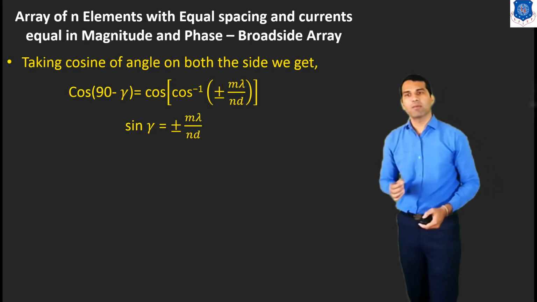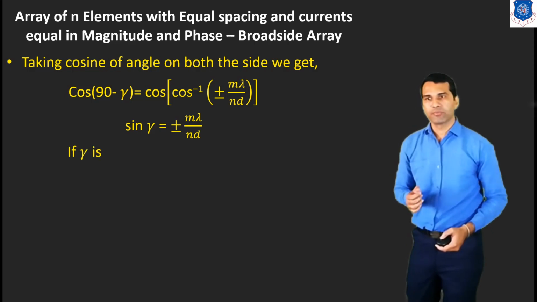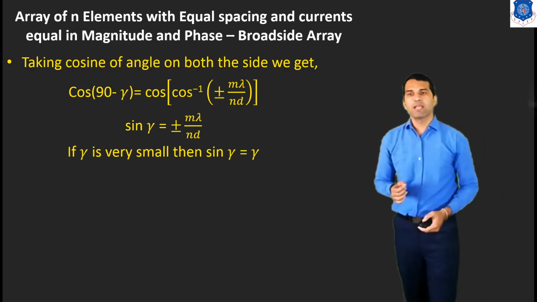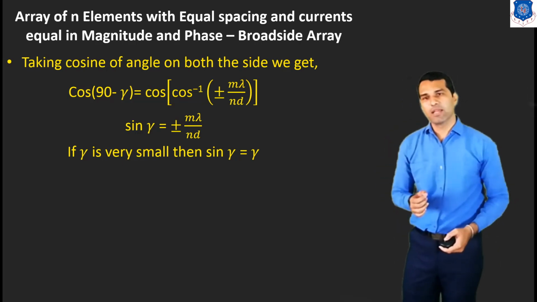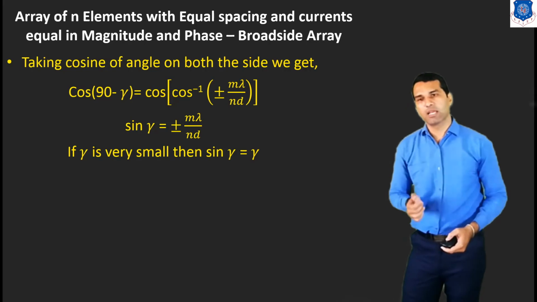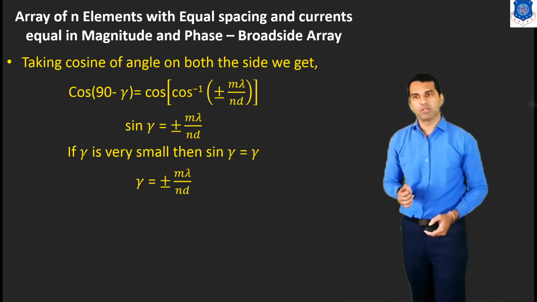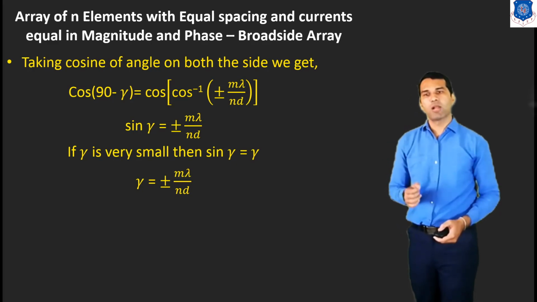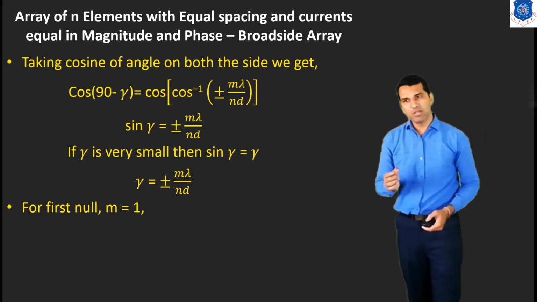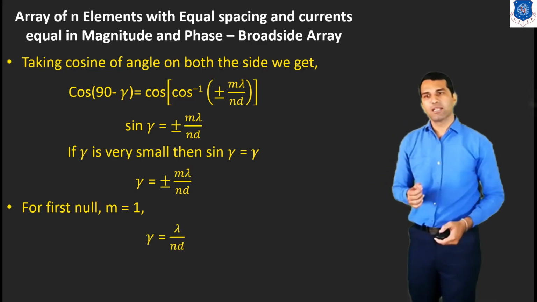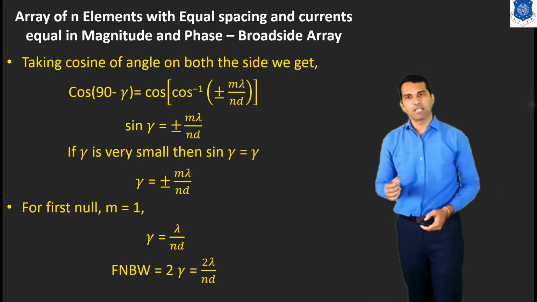So we get sin γ equals ±mλ/nd. If γ is very small, sin γ is approximately γ, so we write γ equals ±mλ/nd. For the first null, m equals 1, so γ equals λ/nd. The same holds for the second null.